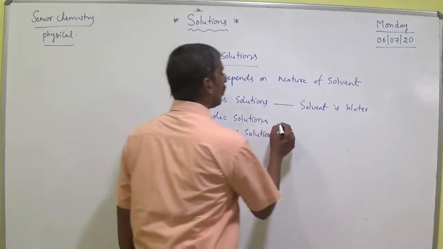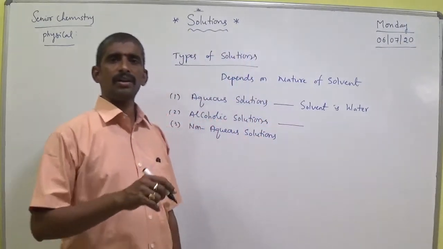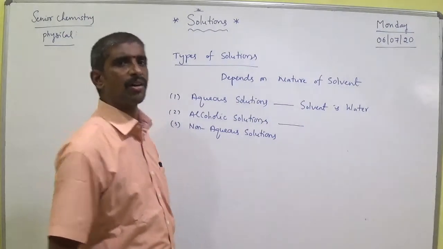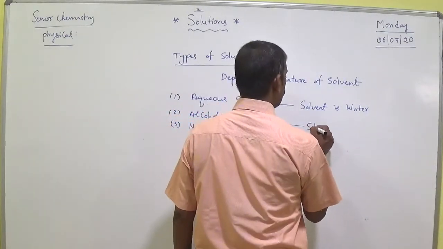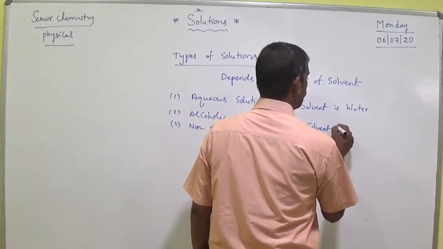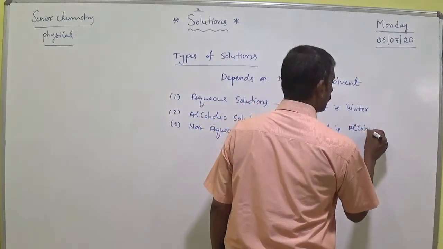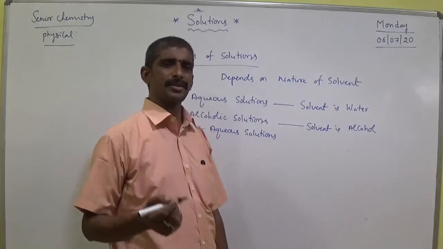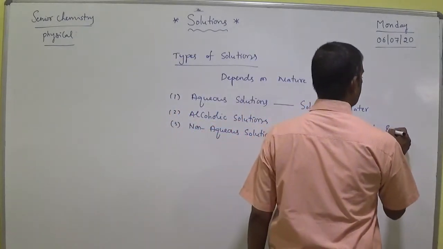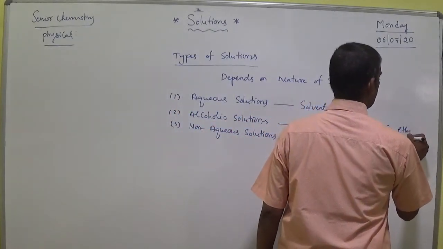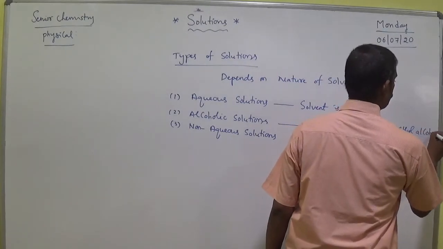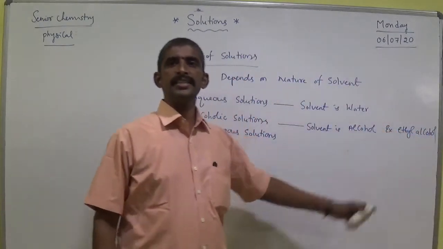Alcoholic solution, the solvent is alcohol. Example, ethyl alcohol.